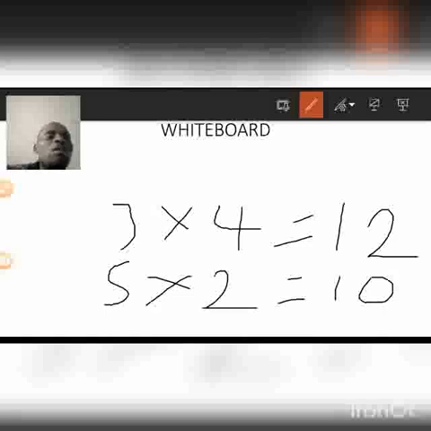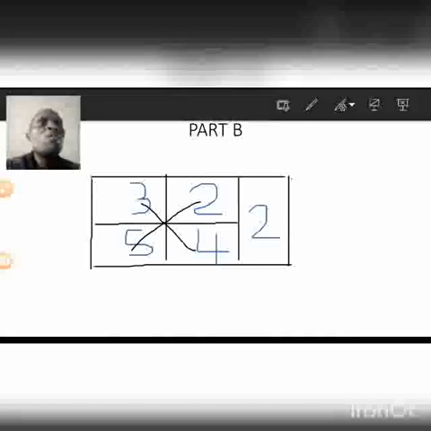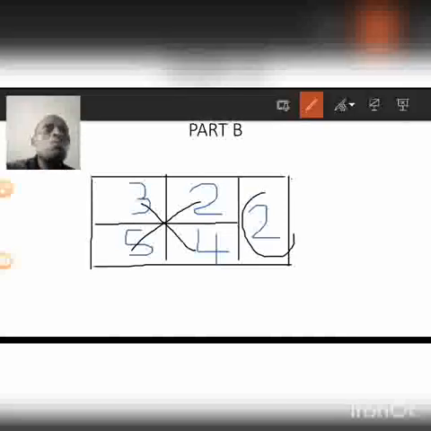Now when you look at these two numbers, when we subtract 10 from 12, the result is 2. So that is how this 2 was gotten. So to get any number on that position, we simply multiply across and then subtract.